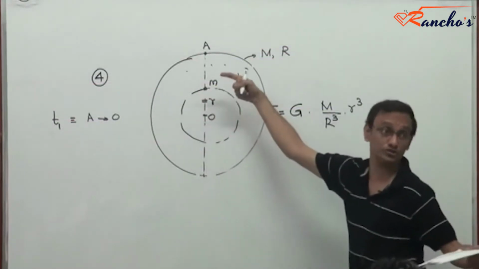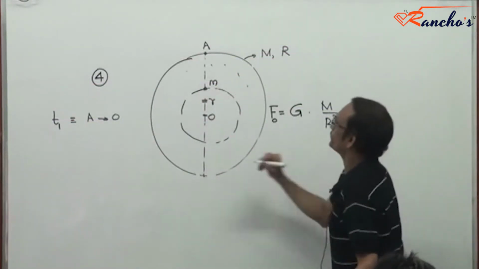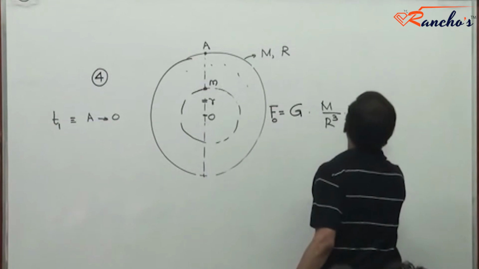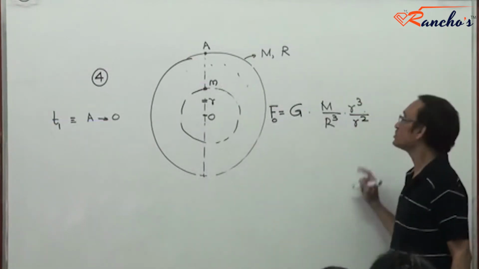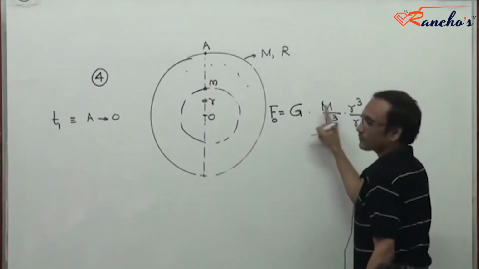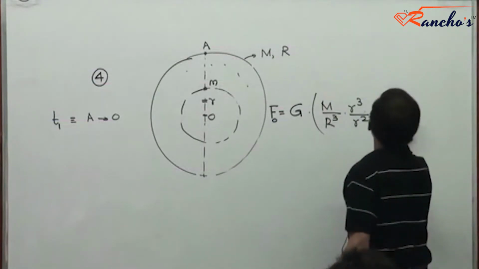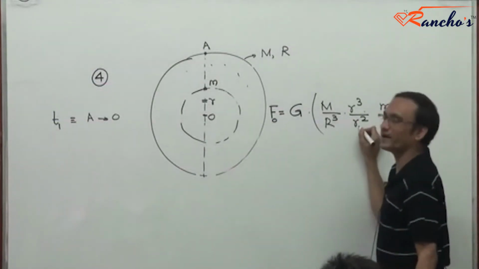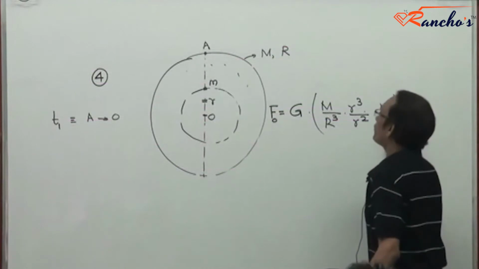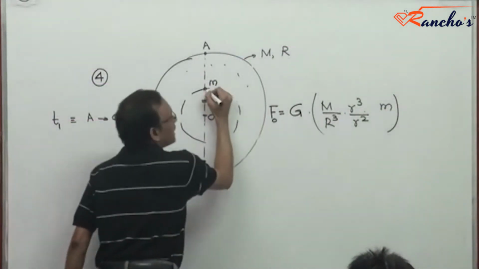Mass is proportional to the cube of the radius. Divided by r squared, G times mass of the earth into mass of the particle. That's the force of attraction between the earth and this particle.